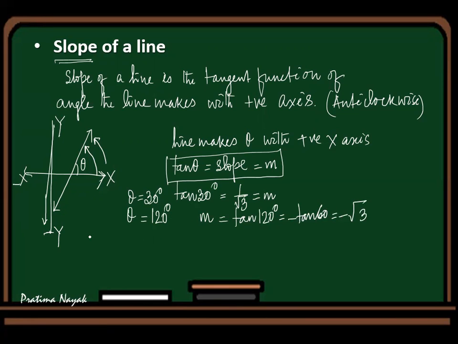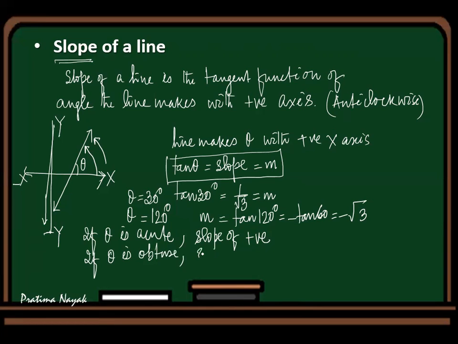That means if theta is acute, then slope is positive. If theta is obtuse, slope is negative.